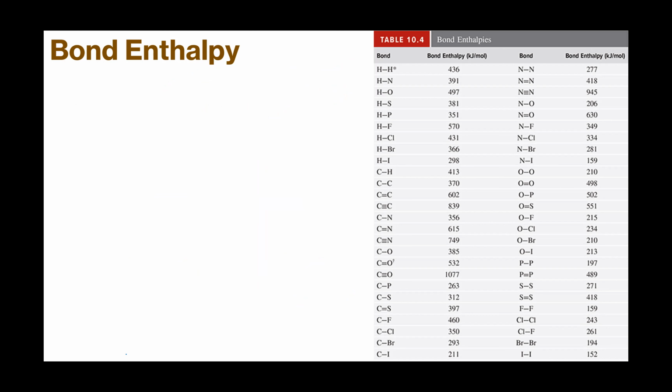We said our broken ones were CH and ClCl. So let's find CH and ClCl. Here's our big old table. Here's CH broken: we have 413, and we're going to add to that ClCl, which is over here, 243. That's our brokens. Broken minus formed, so we're going to subtract the formed.